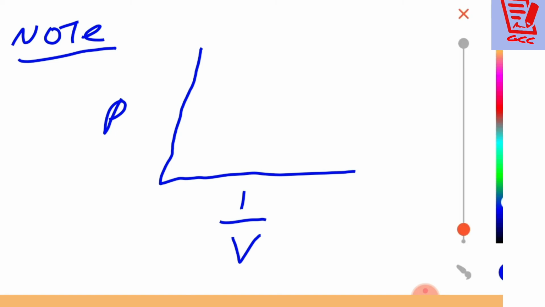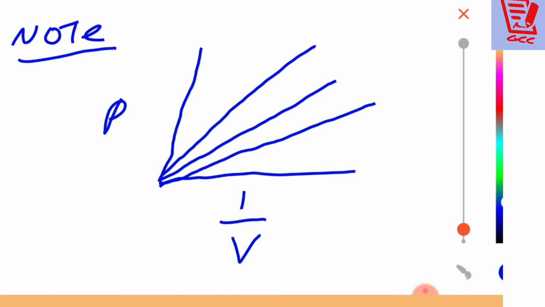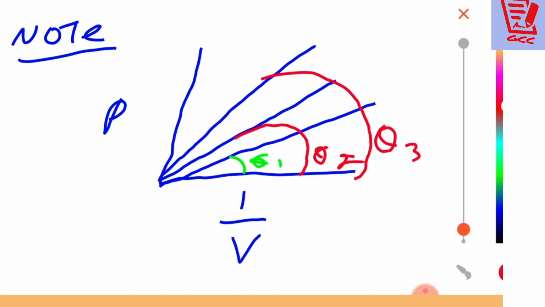Now they are giving us usually 3 curves. Now what they are saying, for the first one, angle is theta 1. For the second one, angle is theta 2. For the third one, let it be angle theta 3.